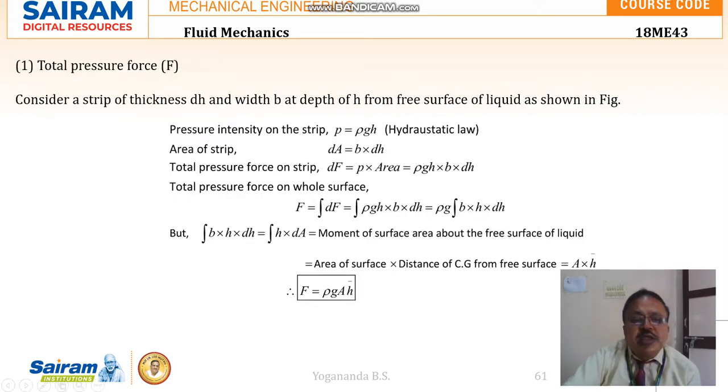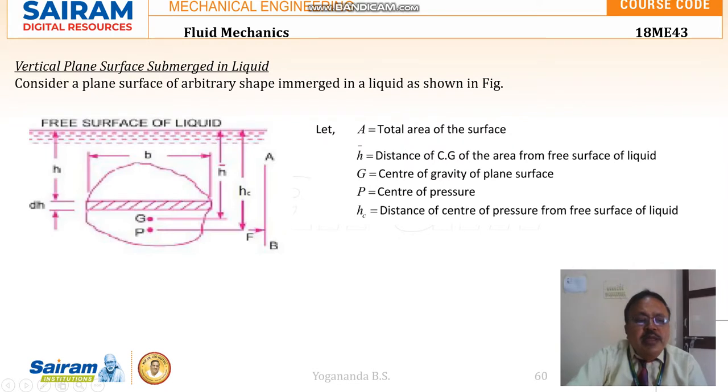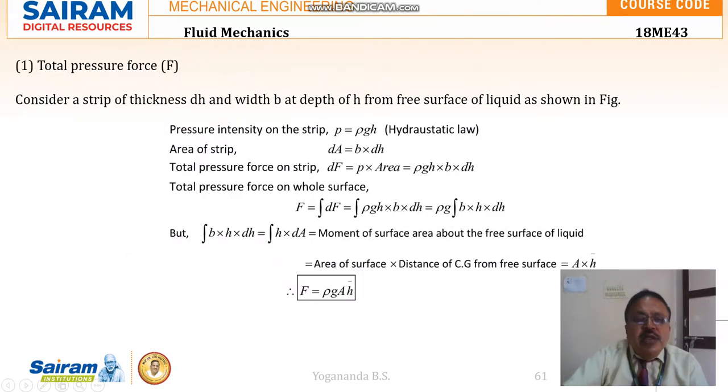Now the pressure intensity on the strip, P, is equal to rho G H, given by the hydrostatic law. The area of the strip dA is the width multiplied by the thickness, so dA is equal to B into dH.